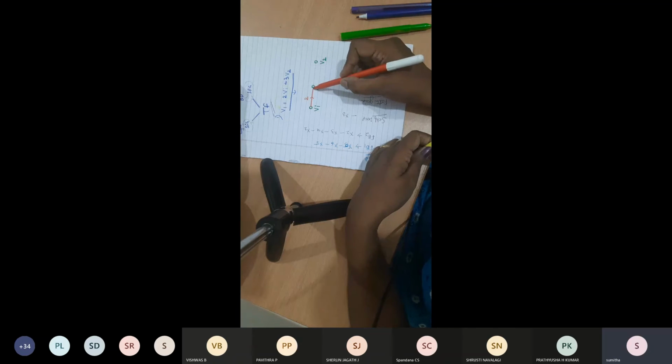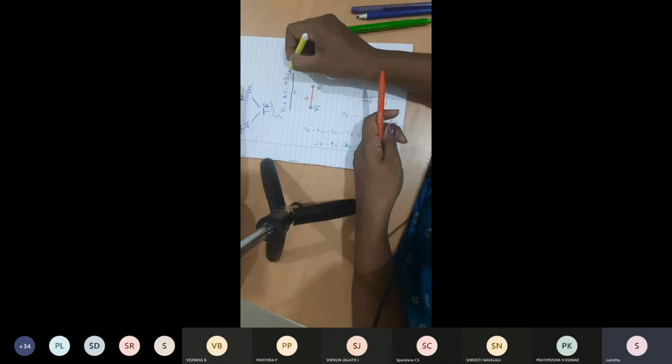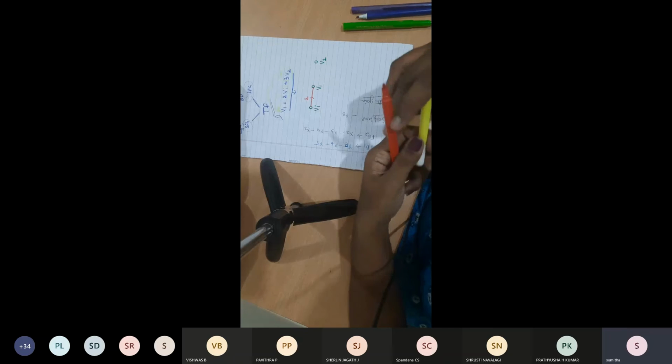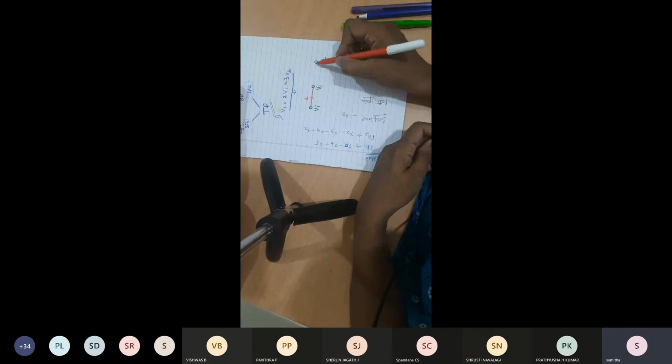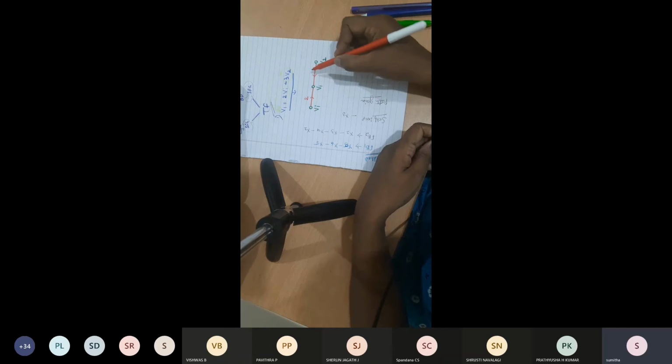So at V1, 2 into Vi has come. Okay? Next, what is this 3V2 doing? It is coming to V1. So V2 also is coming to V1 with a magnitude of 3.